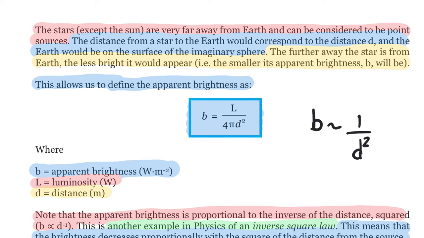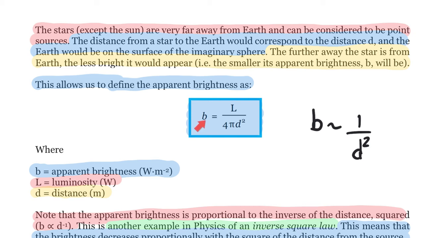But the distance from other stars to the Earth, which corresponds to the distance d, would be that of a point source. Because those stars are so far away, they are seen as points. And so the Earth would sit on the surface of an imaginary sphere. And so, as we've already mentioned, the brightness would be inversely proportional to the distance squared, the distance being between the point source and where we are.